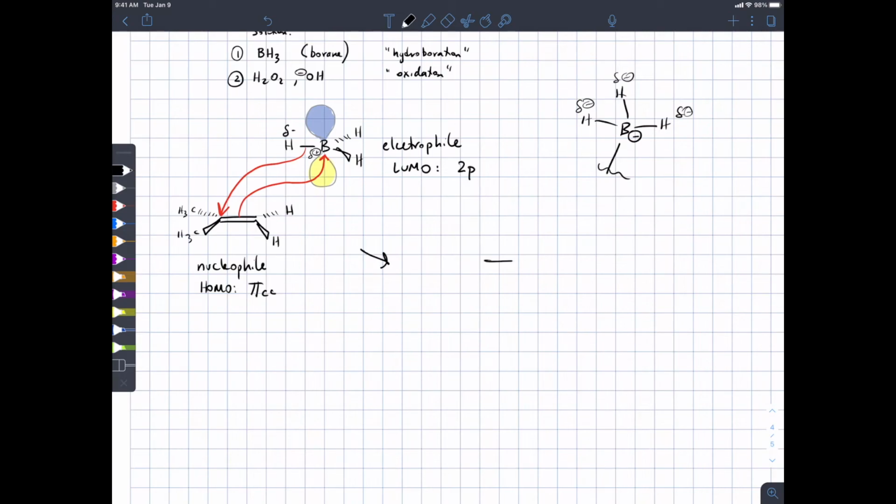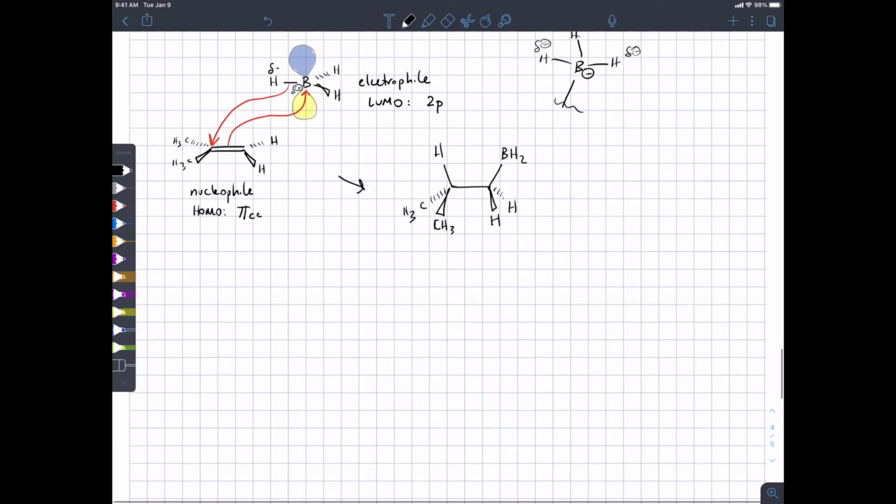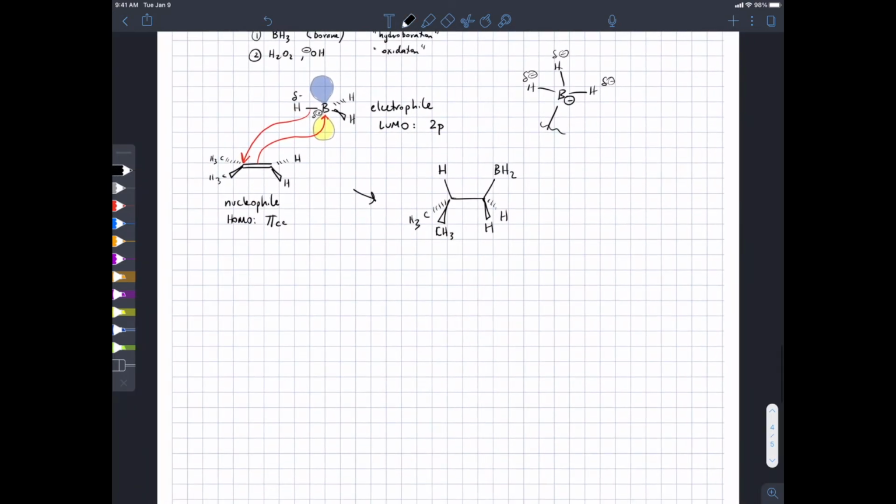The product that you would get from this is one in which the boron and the hydrogen have added to the same face of the original alkene. Now, you could ask, why does the proton end up on the more substituted carbon?